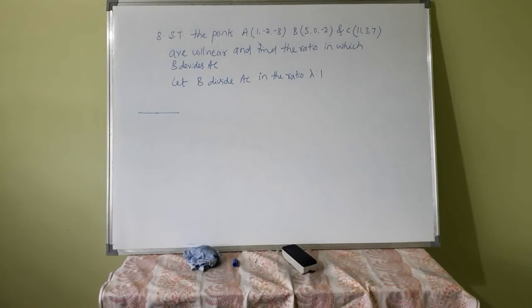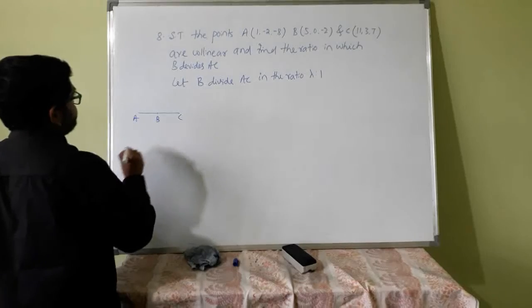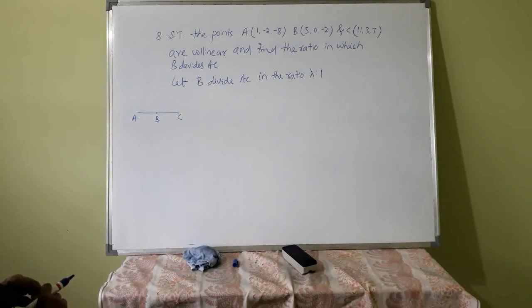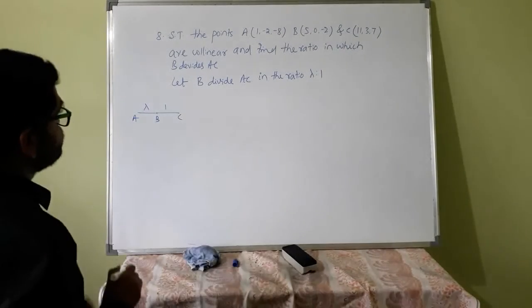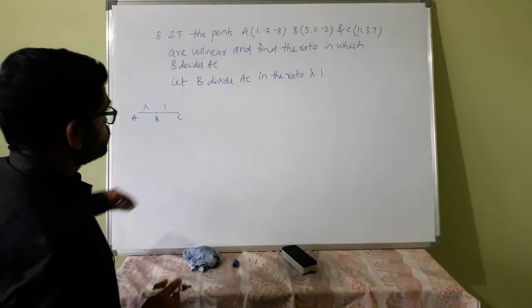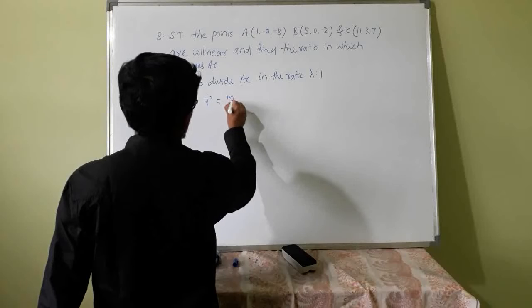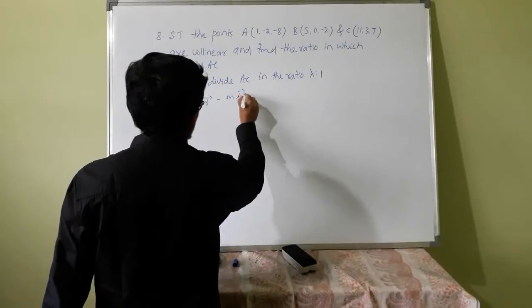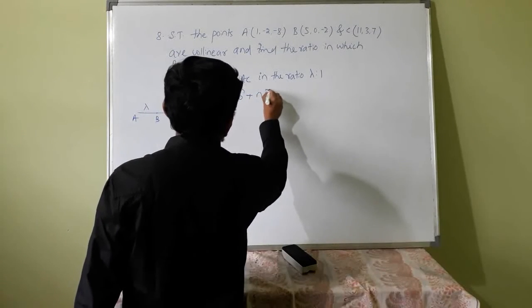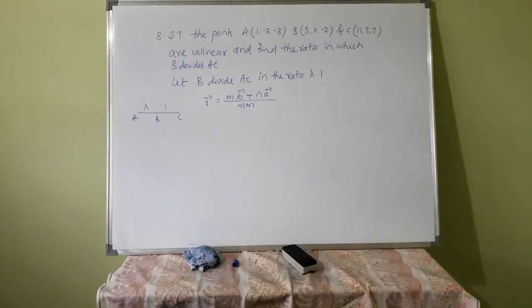Second part, find the ratio in which B divides AC. Let this point B divide AC in the ratio lambda is to 1. Okay, then as you know the section formula, R is equal to M into B plus NA divided by M plus N. This formula you have to use.